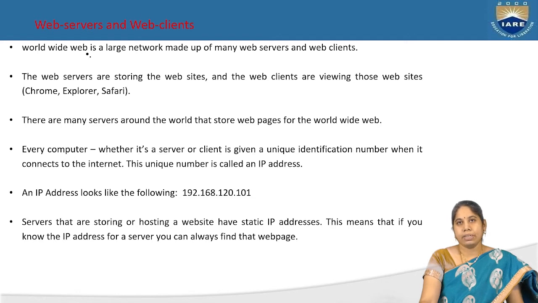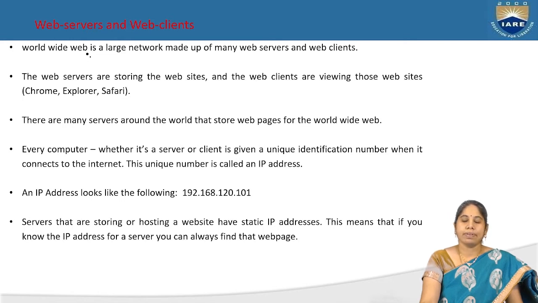What are web servers and web clients? People use these terms very frequently. The World Wide Web is a large network made up of many web servers and web clients. For example, the web servers store the websites and the web clients view those websites.